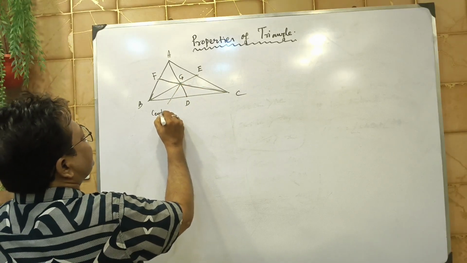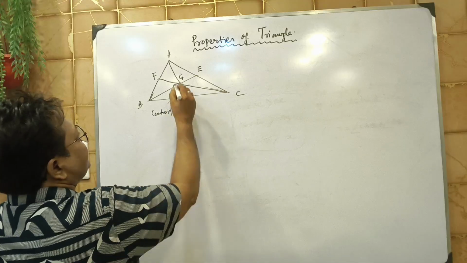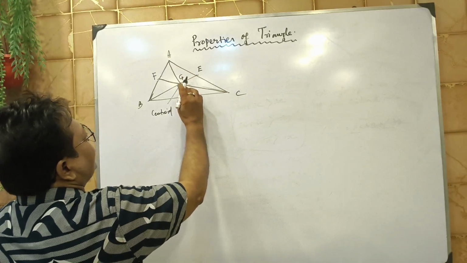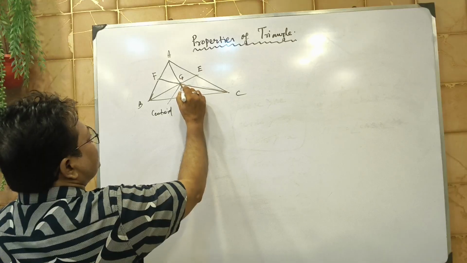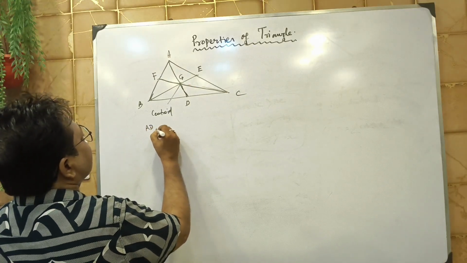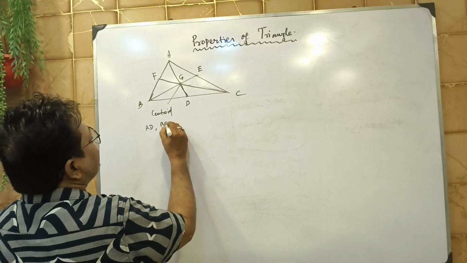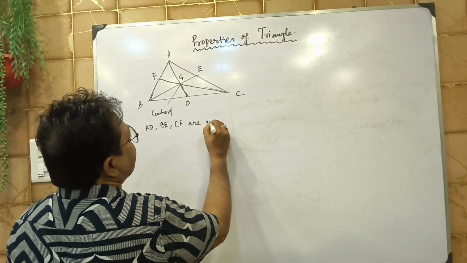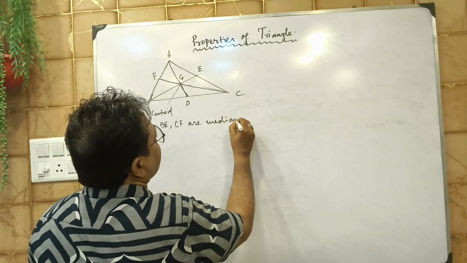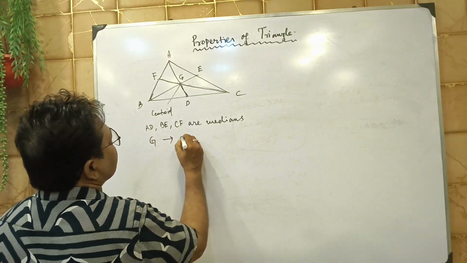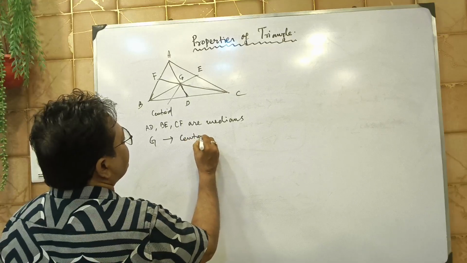It is called the centroid, and each of these lines is called a median. Here AD, BE and CF are medians. G is the centroid.